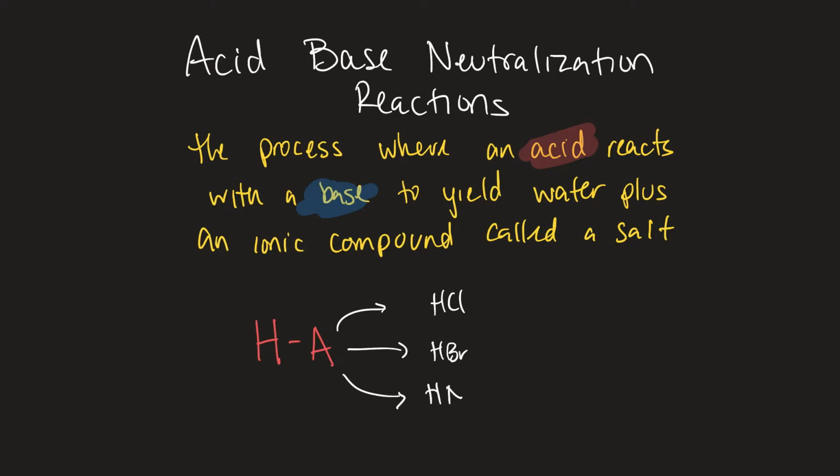Here's another one, HNO3. The anion in this case is a polyatomic, but you see you have hydrogen attached to an anion. This is your acids.